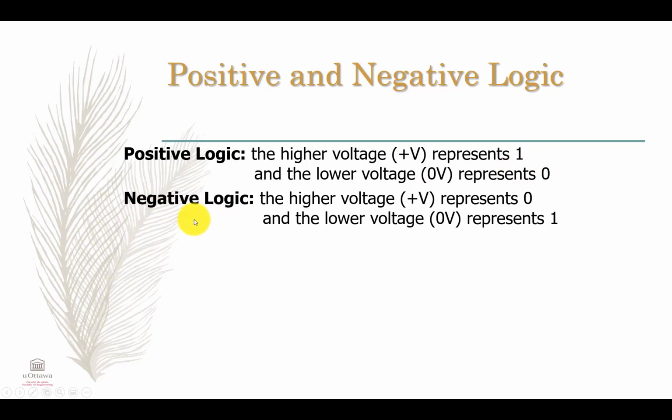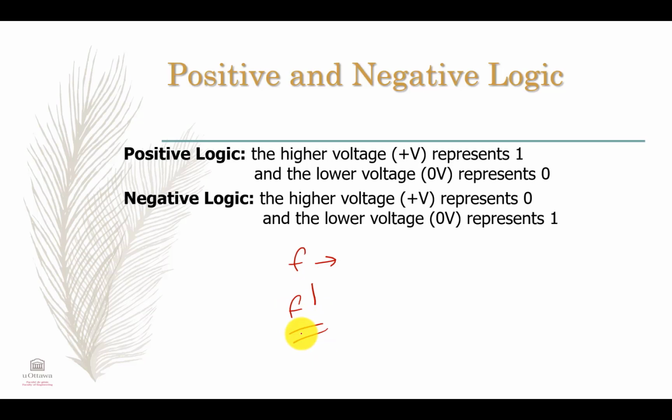And negative logic is basically taking the opposite. So the higher voltage will be represented by a 0 logic, and the lower voltage will be represented by a 1 logic.